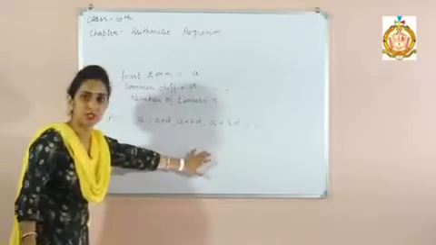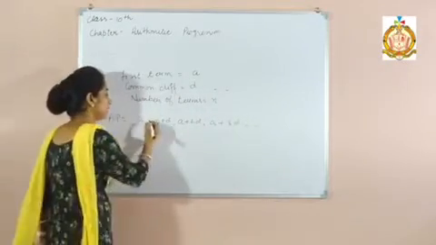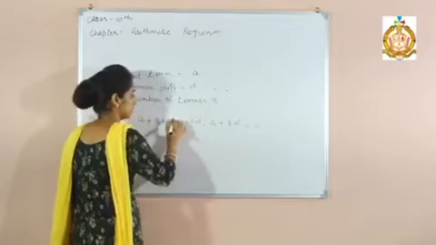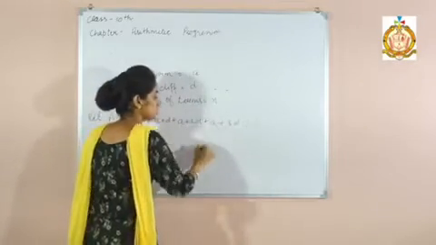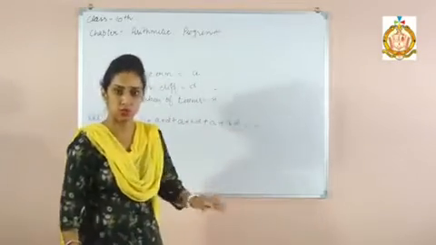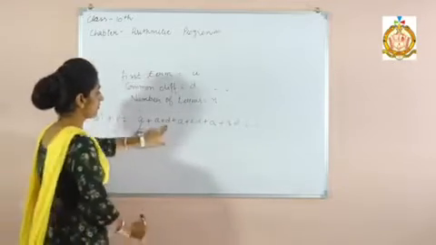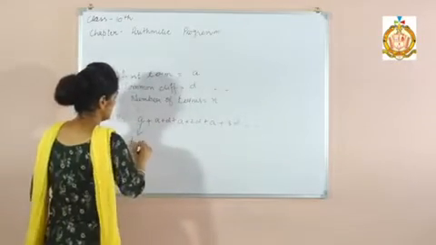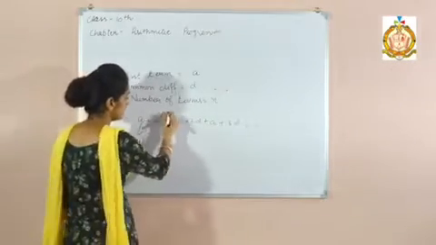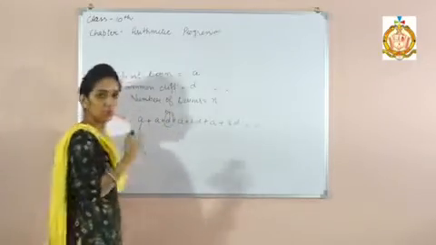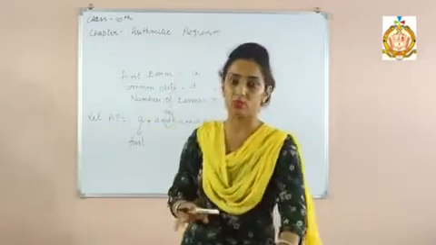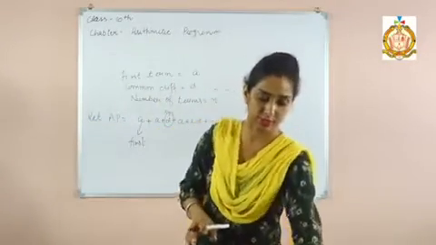This is a sequence. When there is a sign, then it is called the series. So here the first term is a, and d is the common difference.